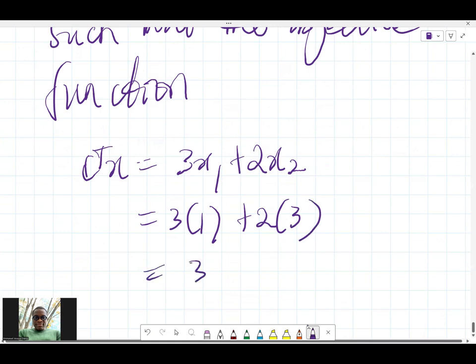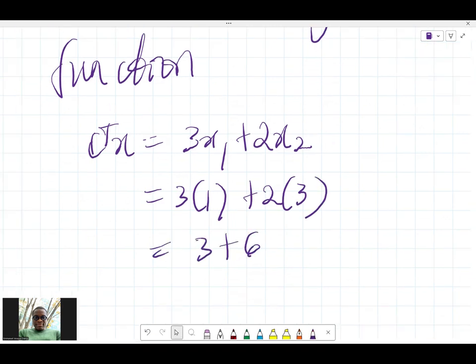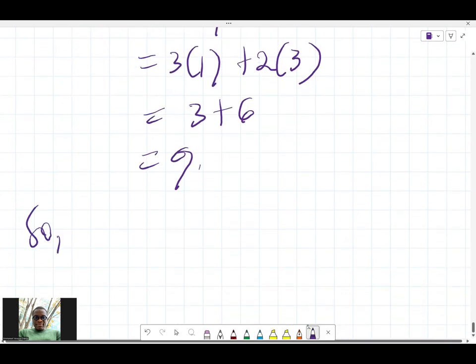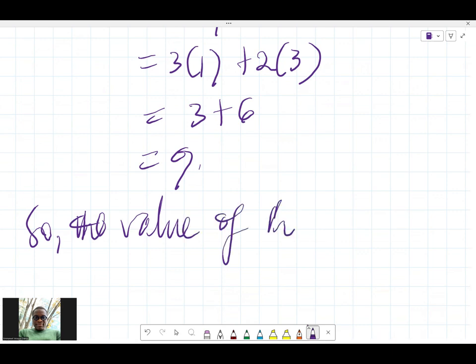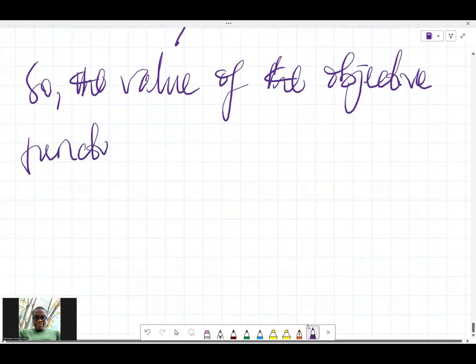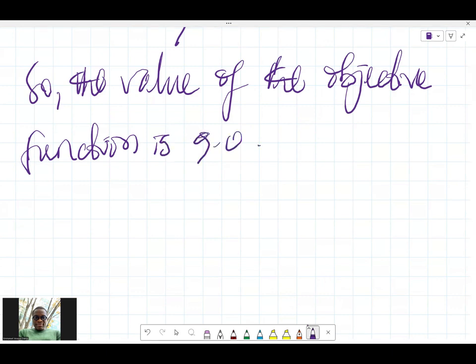So that is 3 plus 6, and that is equal to 9. So the value of the objective function is 9.0, if you like.